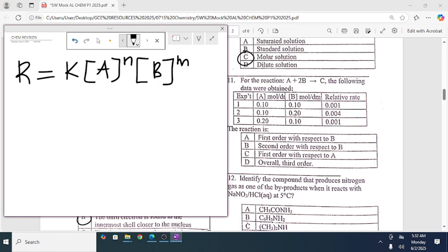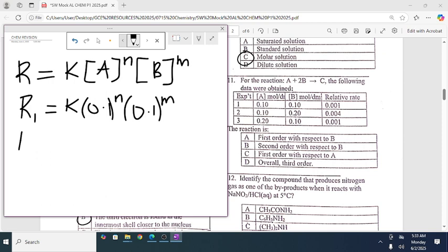Now let us write 3 equations. For the first experiment, the rate is 0.01. Let me call it R1. So R1 is equal to the rate constant times the concentration of reactant A, which is 0.1 raised to the power n, and that of B is also 0.1 raised to the power m.